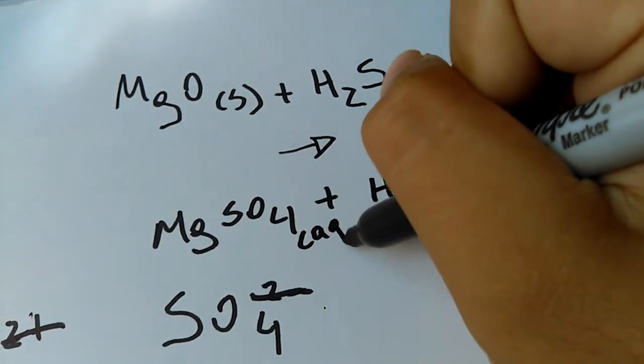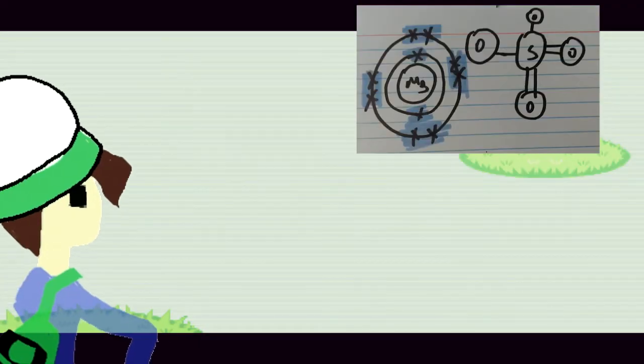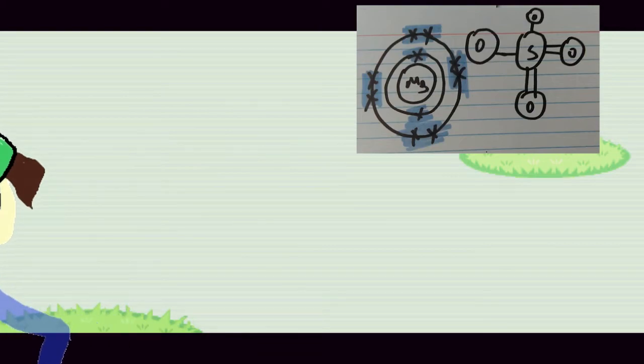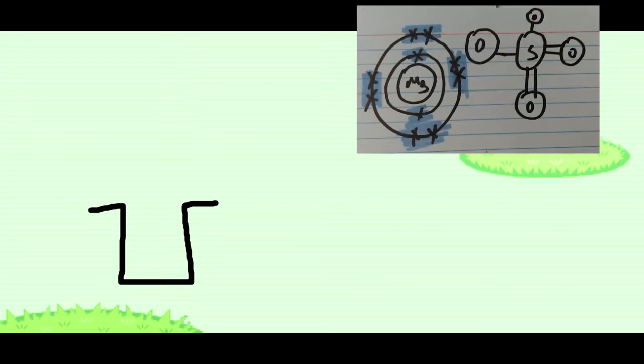This is an aqueous salt, and obviously water is liquid. And this is balanced. Now that we have our magnesium sulfate, which is a salt, which is aqueous, we can now put it into 200 ml of water in our beaker for electrolysis.